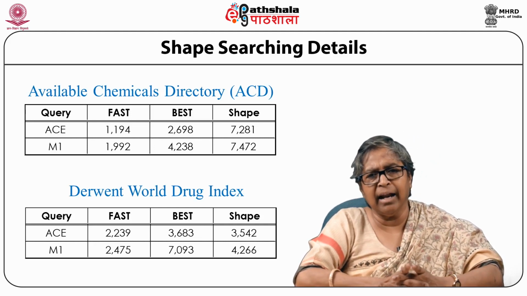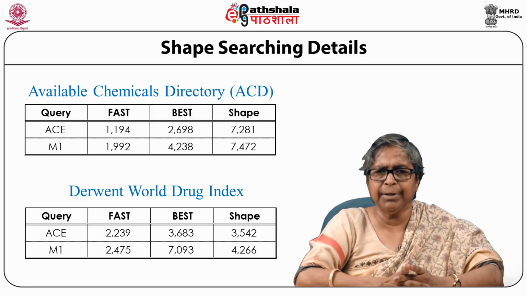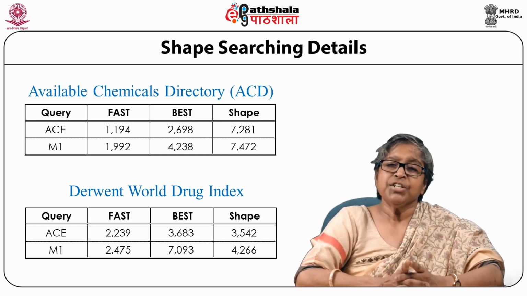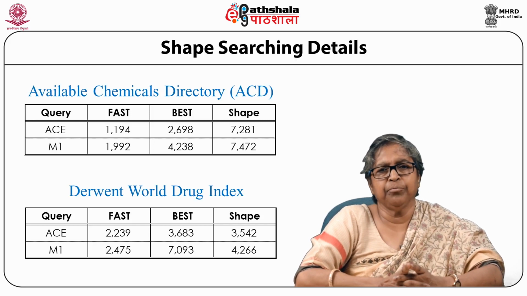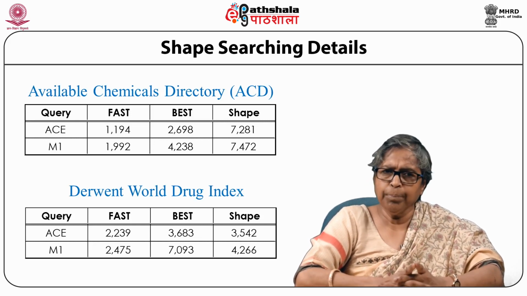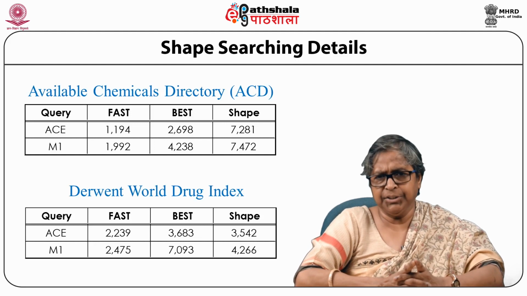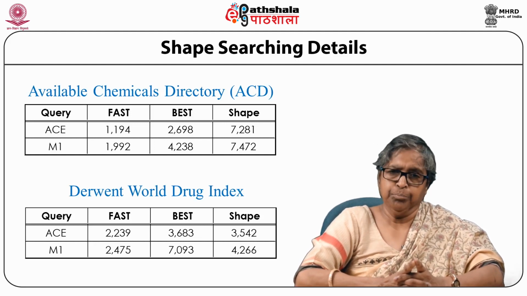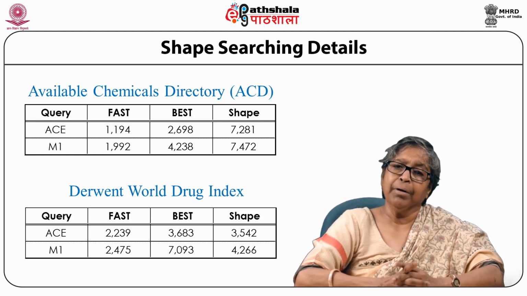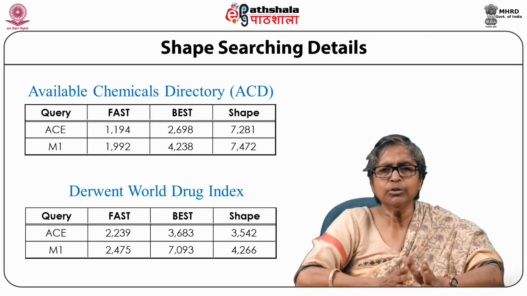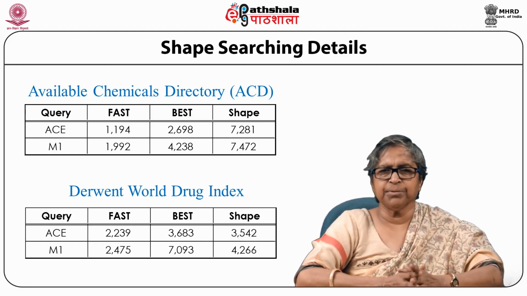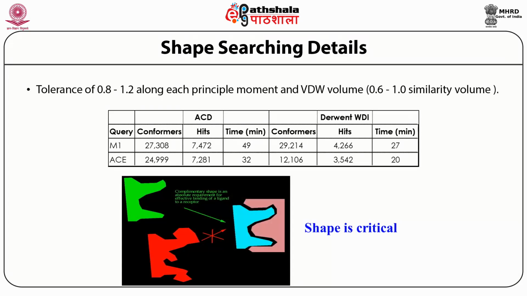Hence, we get a much larger number of compounds when we do the best pharmacophore searching. Shape searching also gives us the same features. That is, if we search not by pharmacophore but only by the shape of the molecules, active molecules especially, we should get much larger numbers. Joining them together yields better results. Here is how the shape searching details can be used. Here are two queries. One is M1, which comes from the influenza virus inhibitor pharmacophore, and the other is the S inhibitor pharmacophore.